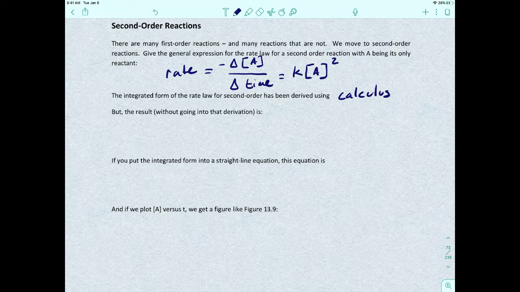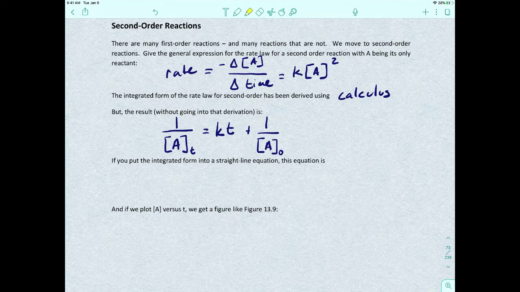So, without going into the derivation, the integrated rate law equation for second order reactions looks like this: 1 over the concentration of A at a certain point in time t is equal to the rate constant k times the time plus 1 divided by the initial concentration of A.